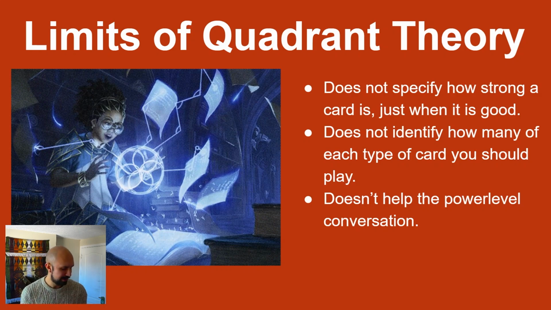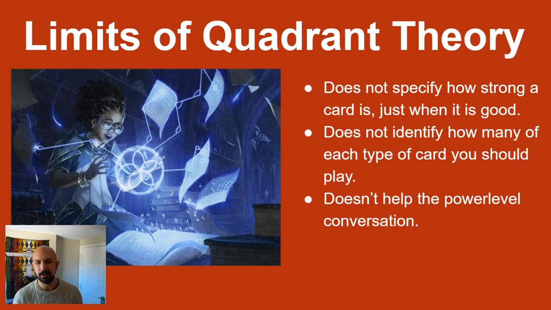This is that Commander by numbers thing I really, really dislike. I'm sure if you've watched my videos and my deck assist videos, you understand fundamentally this challenge is about the joy of deck building. And if you gave me an equation or a ratio to build a Commander deck, I would be profoundly upset. It's just not what I want to do and not fun to me. So in a way, I'm glad that Quadrant theory can't solve that problem, but it's good to acknowledge that nonetheless.